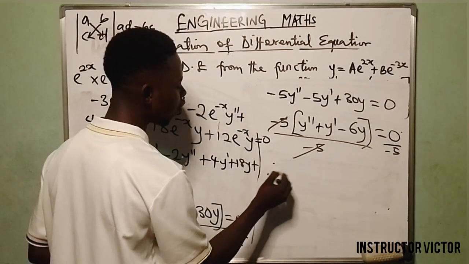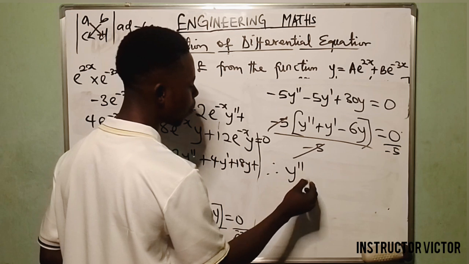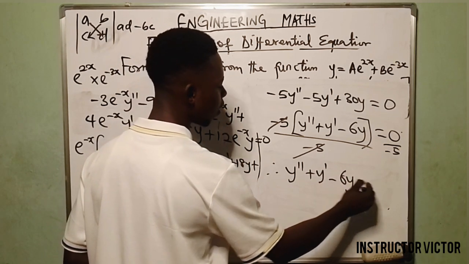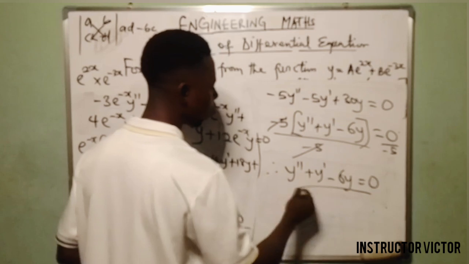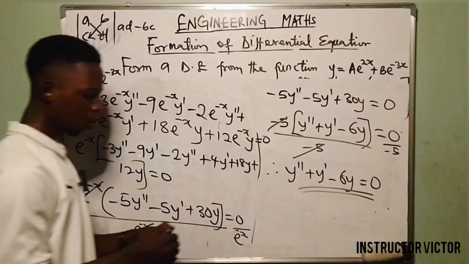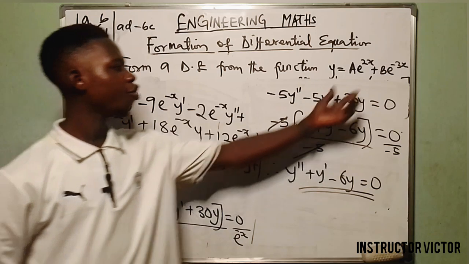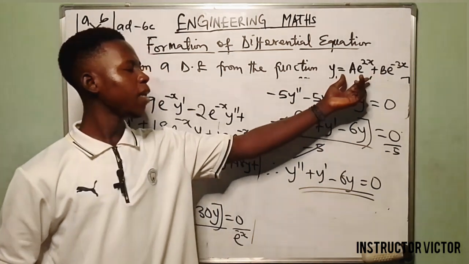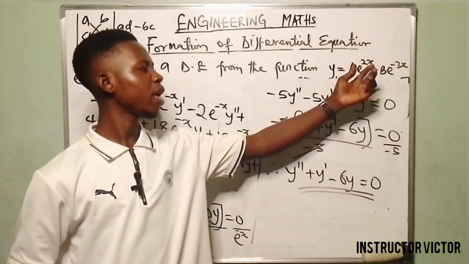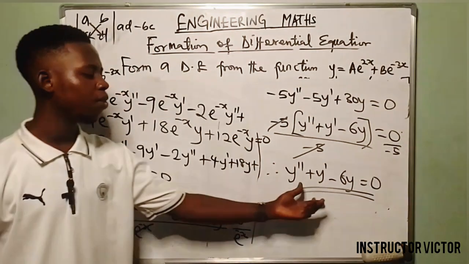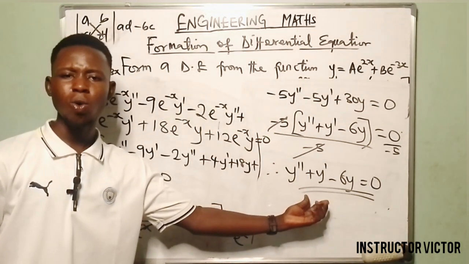We have therefore that y prime prime plus y prime minus 6y is equal to 0. So this is our formation of a differential equation from this value y equal to a exponential 2x plus b exponential minus 3x. So this is what we were able to use it to form.